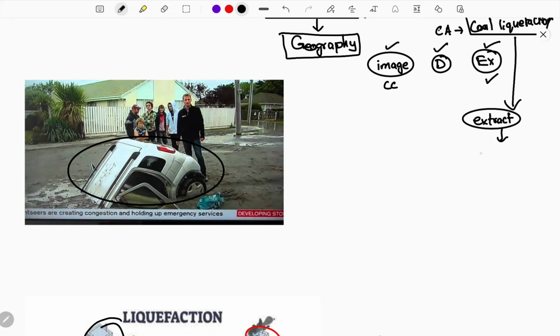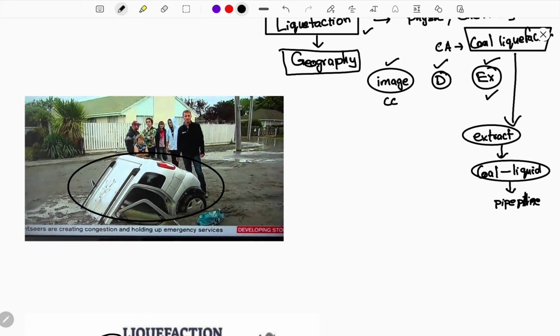So for the extraction, they convert the coal to a liquid stage. Now the liquid coal will act as a viscous fluid or fluid-like structure, which will be extracted through pipelines or high pressure motors. Everything will be used to extract this coal. This is called coal liquefaction.